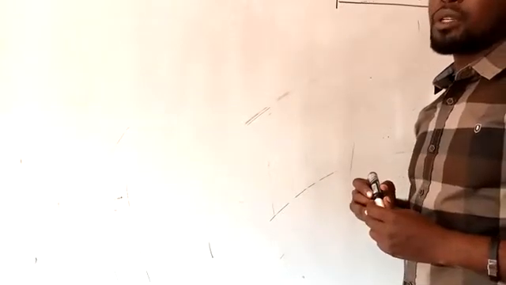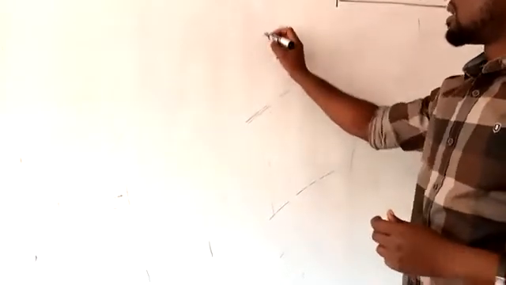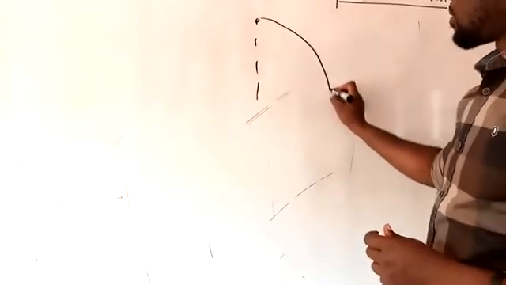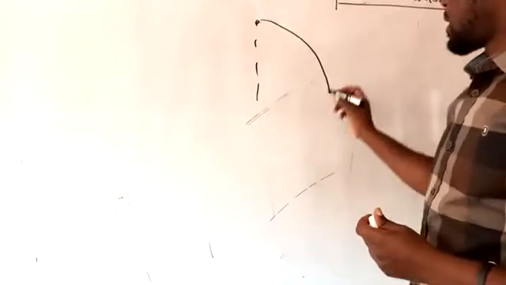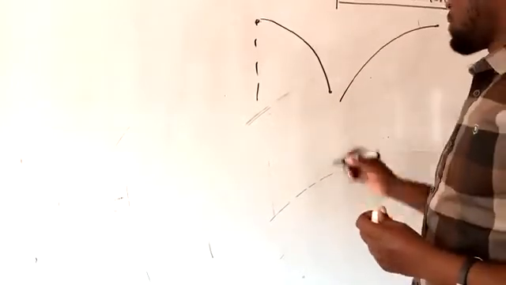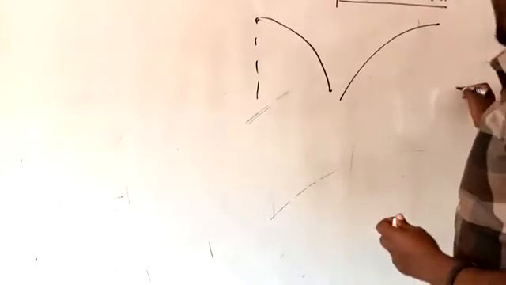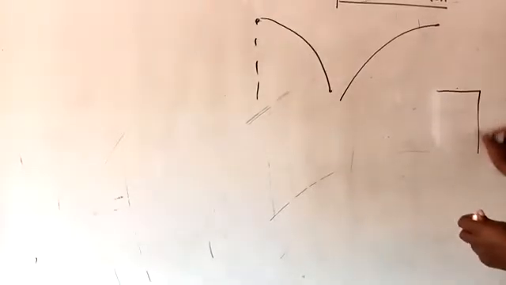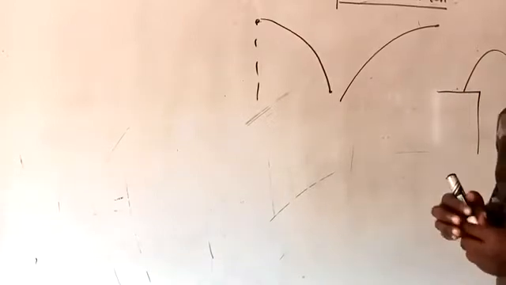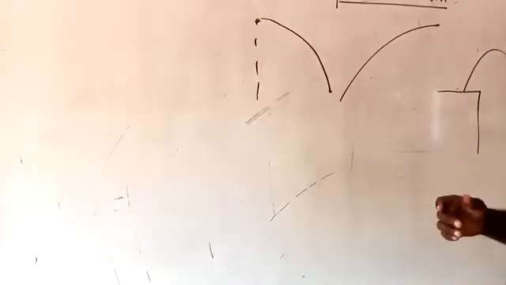You can have a trajectory, you can have an object coming from a height and coming all the way down. You can have an object going all the way up, and so on. You can have an object from a particular height that goes up and comes down. So all these are different kinds of scenarios, but the equations still hold.